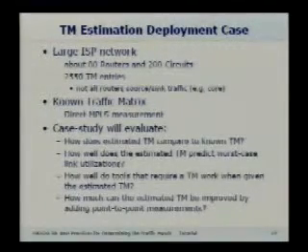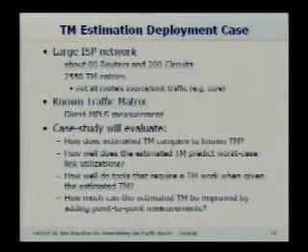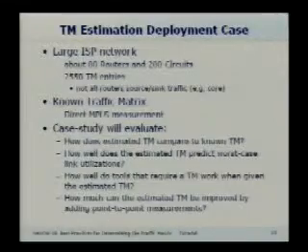We know the traffic matrix because you can measure it, one of the methods I've explained before. And in this case study, we look at a few different evaluations. First of all, how do the two matrices compare? The second one is how well does it predict the worst case link utilization? So if I do a failure, will it tell me exactly what's going to happen? And if I use it for other tools, for example, in a tool for optimizing IGP metrics, there are several papers out there and implementations, will that also give me the same results?